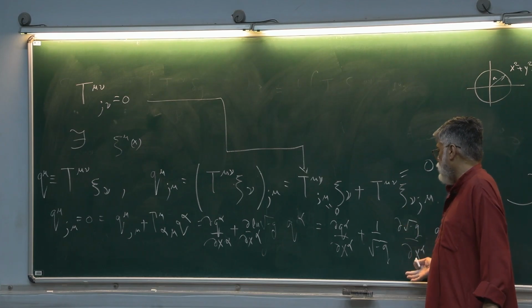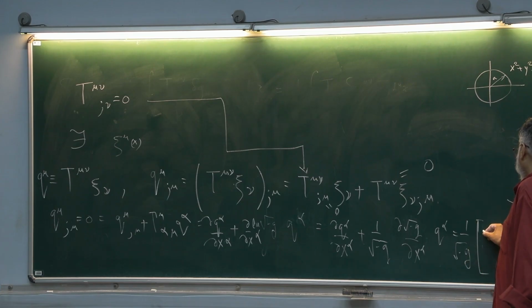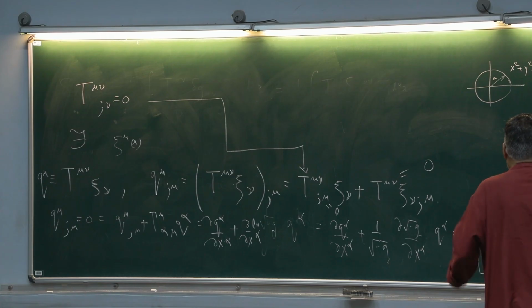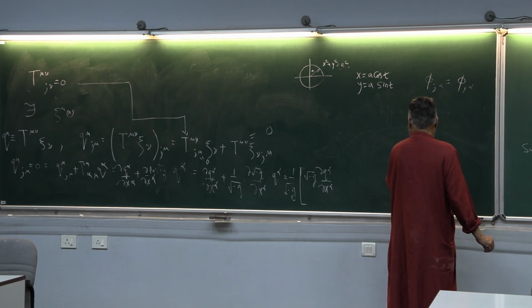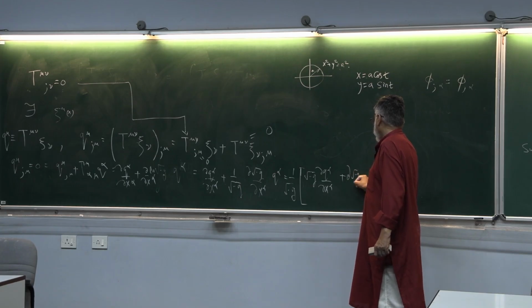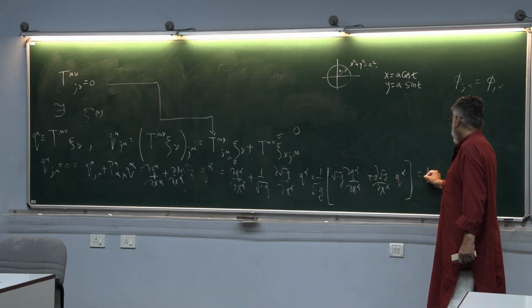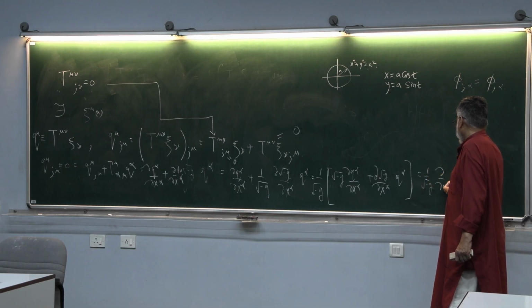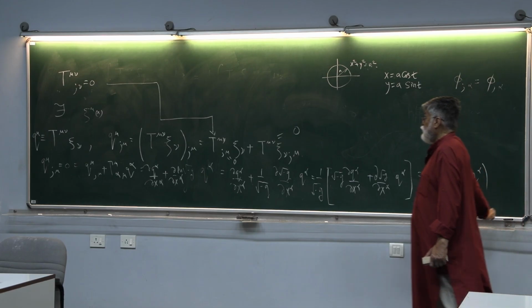But then I can take 1 over root minus g as a common factor, and I have root minus g del q alpha by del x alpha plus del root minus g by del x alpha q alpha, that is equal to 1 over root minus g del by del x alpha of root minus g q alpha. But this is equal to 0.